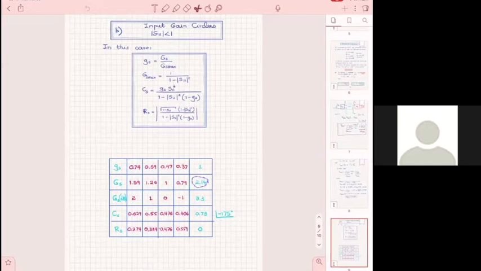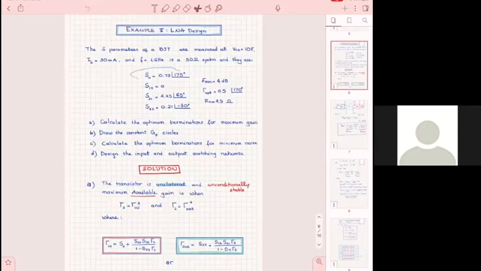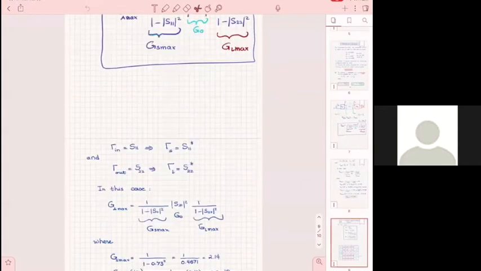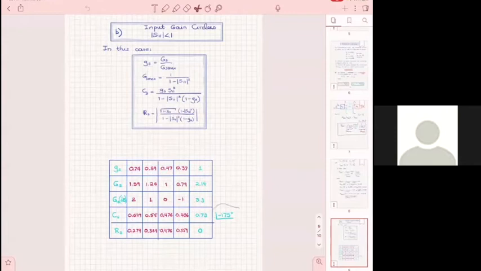C sub S becomes S11 complex conjugate, all right, here. And therefore, since C sub S is given by this expression, all of the values of C sub S, which are complex values, will have the same phase, which is the complex conjugate of S11, and S11 is this, so it becomes minus 175, all right, here, and then has different magnitudes.